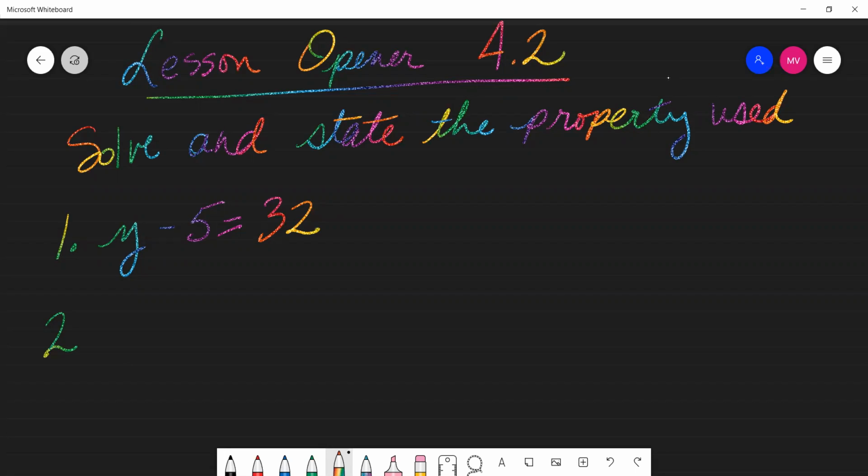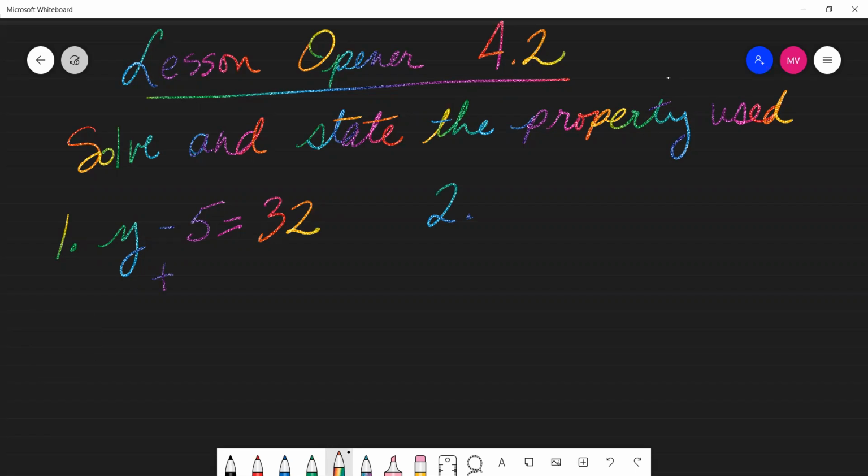But first, I want to do a refresher from our previous chapter where we worked with equality. If you look at this first one, I've given you the equation y minus 5 equals 32. So what do we need to do to solve for y?